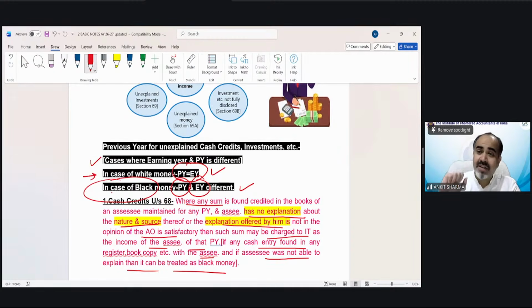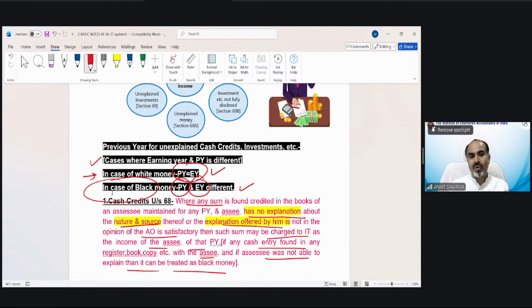Now, it's a very interesting thing. Generally, we think that if the income tax department found actual cash, suppose 50 lakh rupees, in your house, and you cannot explain it, that 50 lakh would be your black money. Clear? But we are not discussing that situation in point number 1. The situation here is, suppose there is an entry in your books of accounts, in any register.